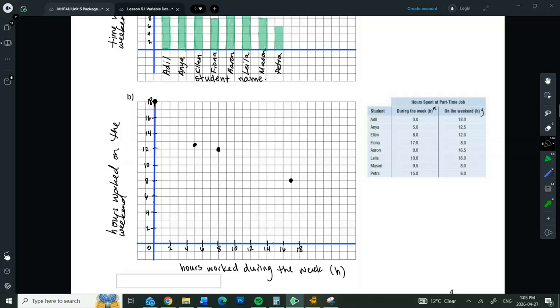So that'll be halfway between these two boxes here. So yours is off your graph a tiny bit. And then 10, 16. Then 9.5 and 8. And 15 and 6.